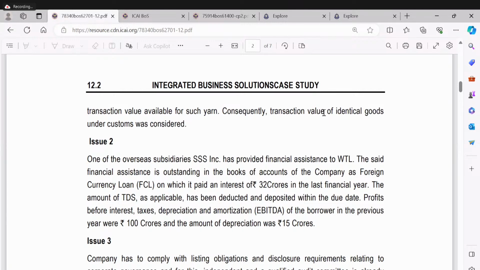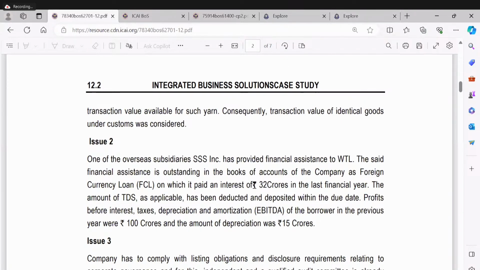Then in that case, the transaction value of identical goods under customs has to be considered. Now, what is the transaction value of identical goods and under what cases does the transaction value of identical goods under customs have to be considered? This is provided as per Rule 4.